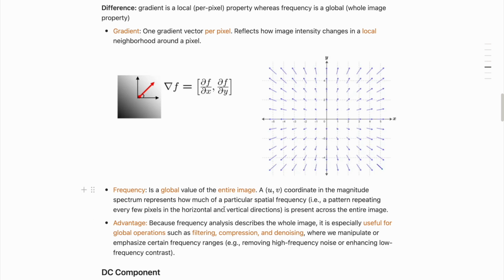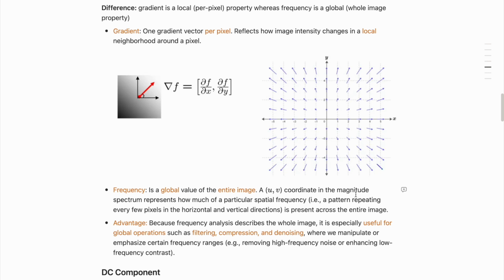Whereas a frequency is a global value of the entire image. A particular UV coordinate in the magnitude spectrum represents how much of a particular spatial frequency is present in the entire image. In other words, that point represents the sum of the pixel intensity of all the pixels that have that exact frequency.